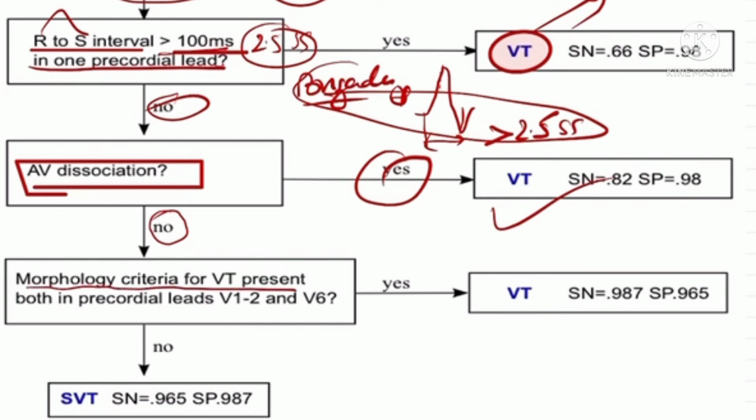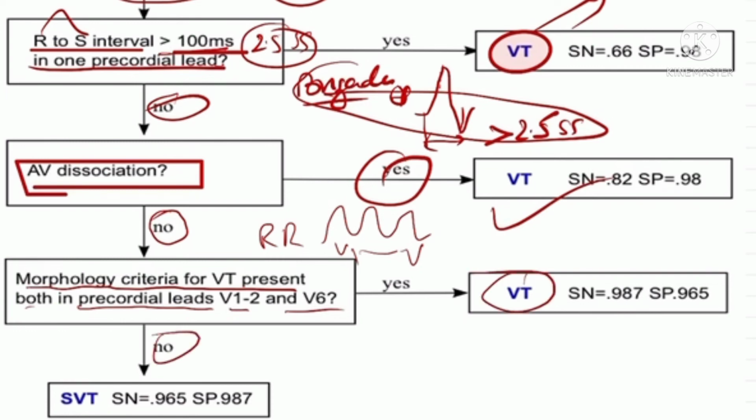That means कि positive concordance, pre-correlated V1 to V6 में देखेंगे कि positive concordance all are R wave, या negative concordance all are in S wave. ठीक, in the morphology criteria for VT and the both pre-caudal leads in V1, V2 and V6. If any criteria for suggesting the VT, that this is VT, and otherwise is SVT.